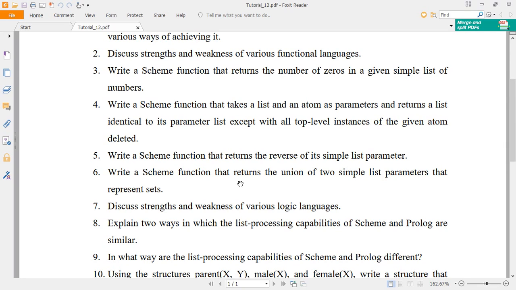That means you might have been given a list such as 1, 2, 1, 3, 1, 5, 6, 1 and the atom that you have been given is 1. That means you are supposed to delete the atom corresponding value, that is 1, in the given list and return the final list. So this is the thing.